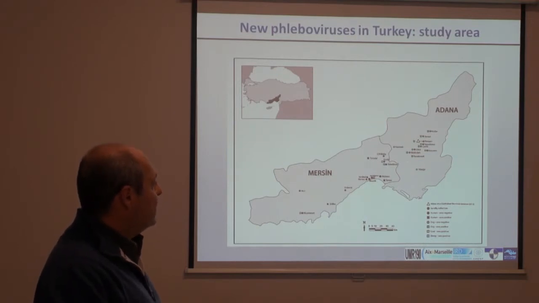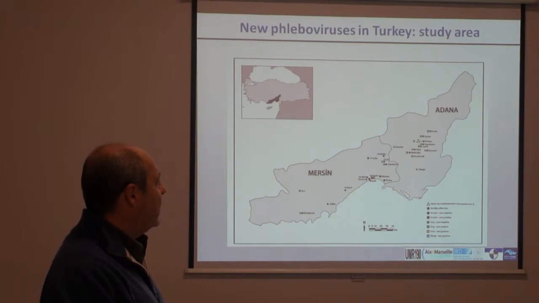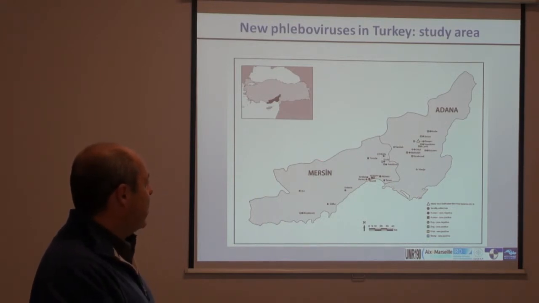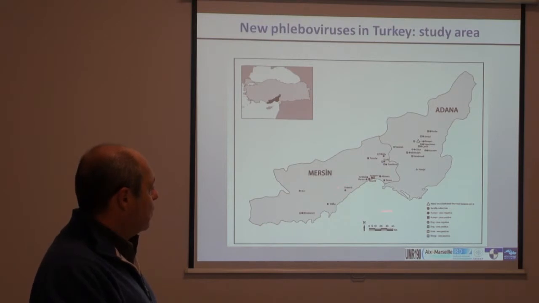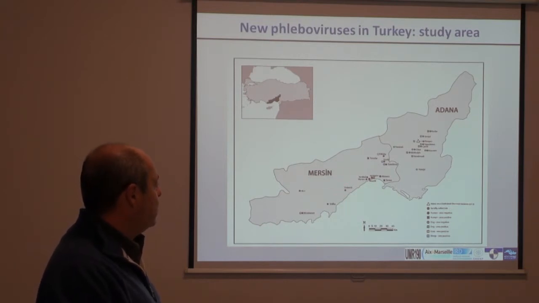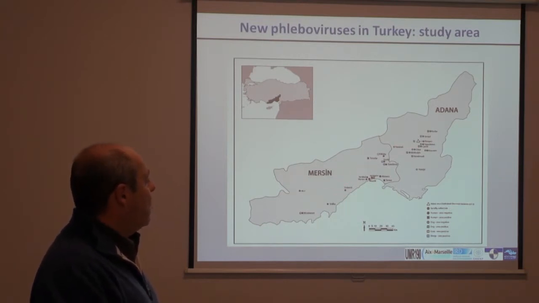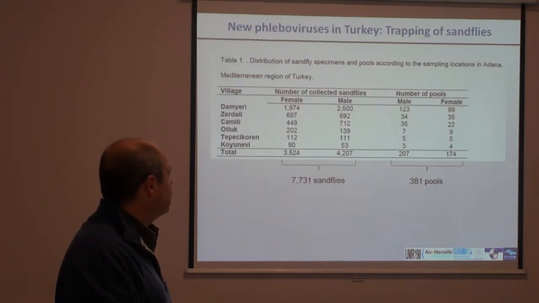We also collected sera from humans and from domestic animals, both in the Adana region and in the contiguous region of Mersin. So as you can see, the total distance is quite important. It's about 200 kilometers wide, and sandflies were collected only in this region.